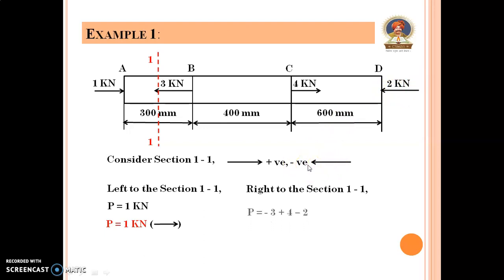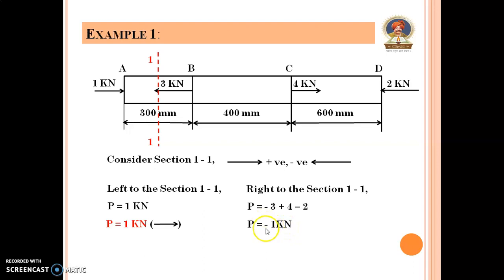So P is equal to minus 3 because it moves towards the left side, plus 4 moves towards the right side, and minus 2 because it moves towards the left side. When we solve this, the answer is P is equal to minus 1 kilonewton.